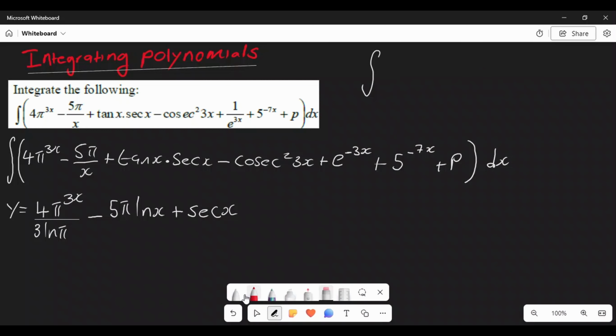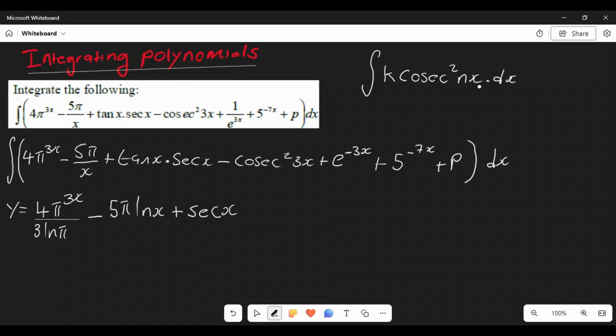Also, when you look at cosec, guys, you need to know the differentiation of the trigonometric ratios. So cosec square is actually the derivative of cot. If it's positive like this, it's actually the derivative of negative cot.